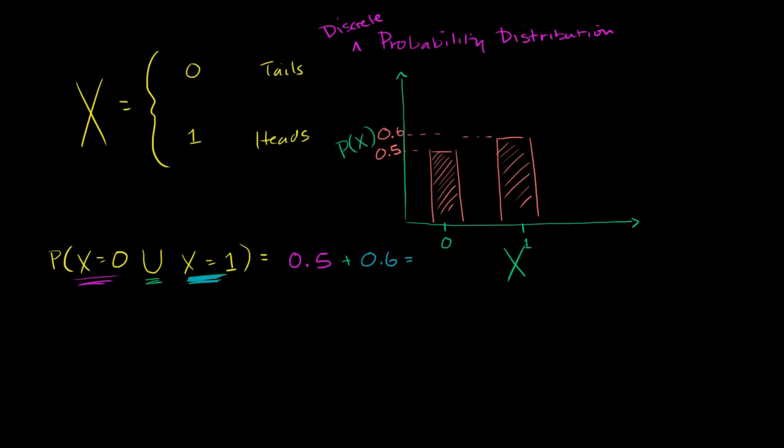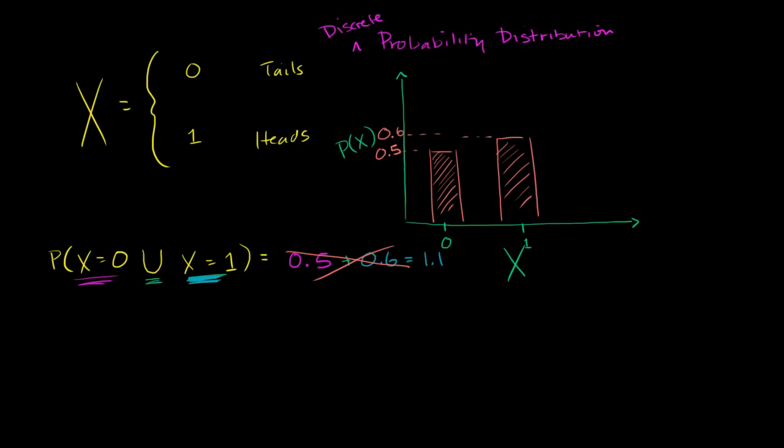And this strangely adds up to 1.1. Somehow saying that you have a 110% probability of getting any of the possible outcomes. This makes absolutely no sense. You cannot have a greater than 100% chance of having any one of the outcomes.